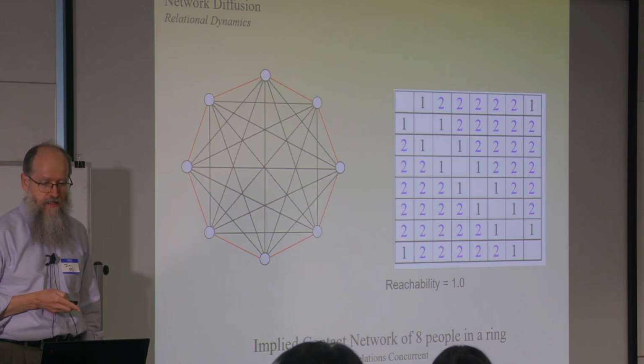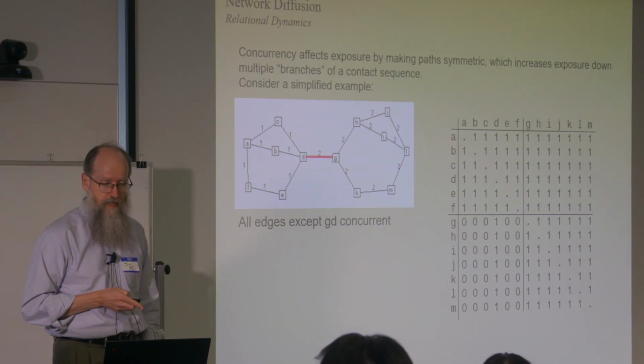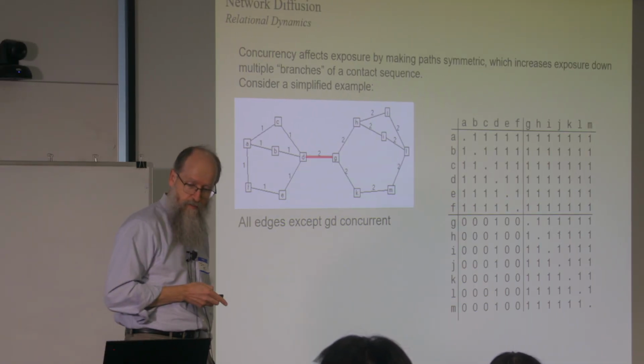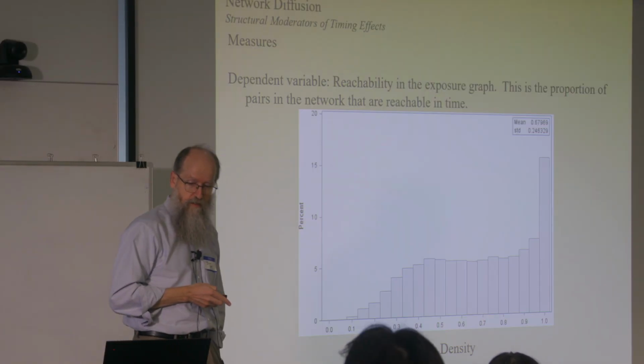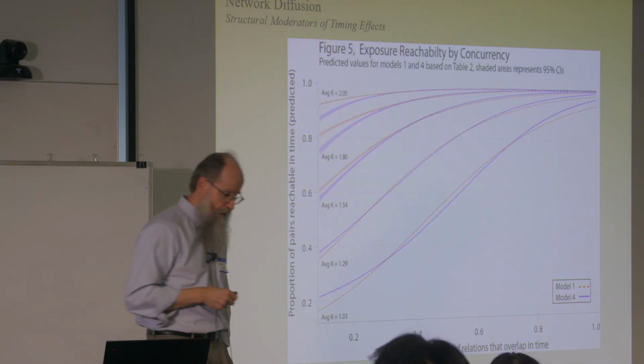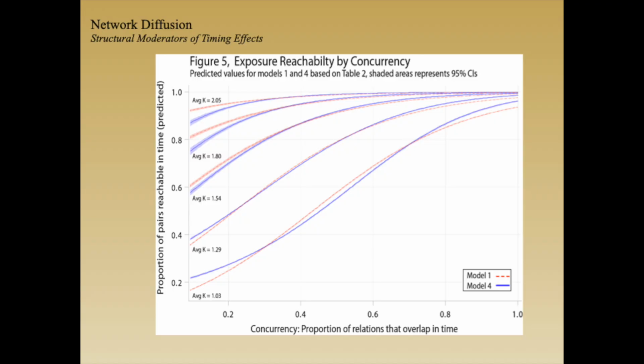There's a whole series of things in these slides about dynamic networks and how timing affects the spread. The take-home message, which I'm going to get to at the very end, is that there are lots of sequence features of networks that matter for the spread of something over a dynamic network.